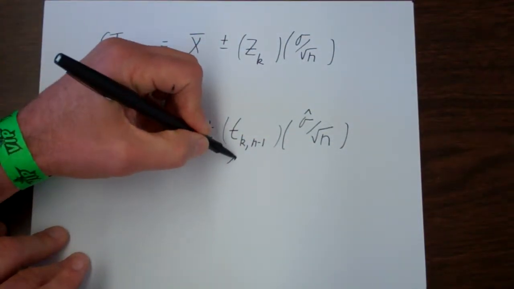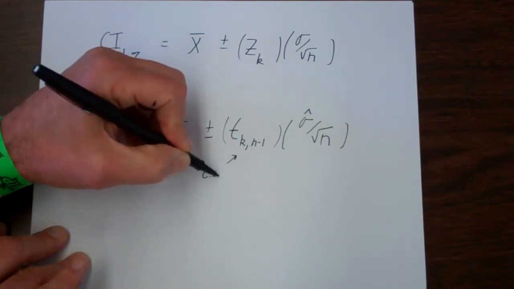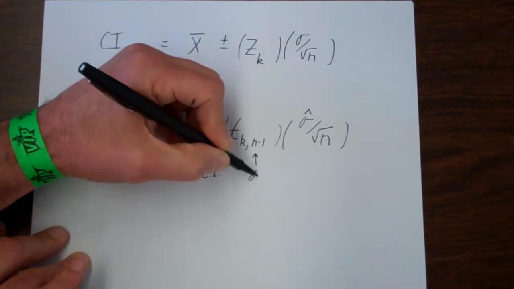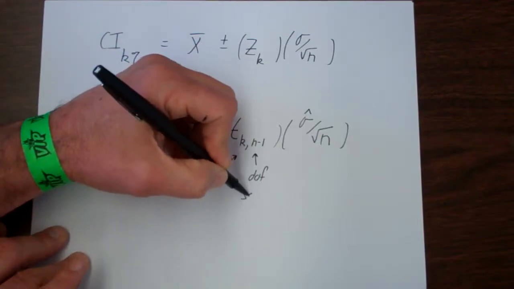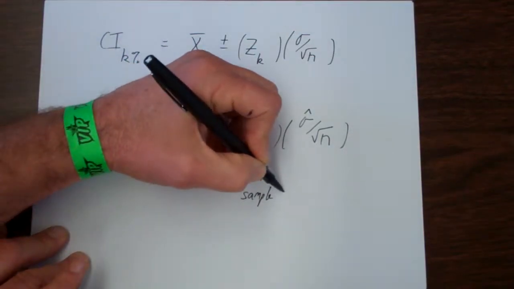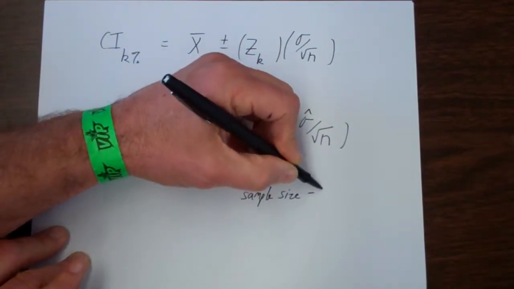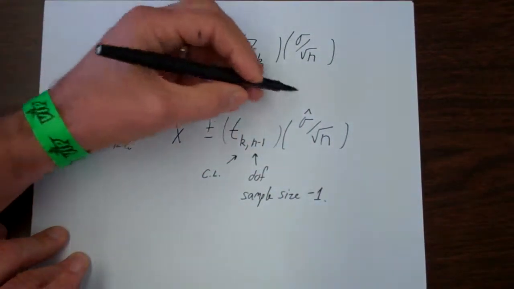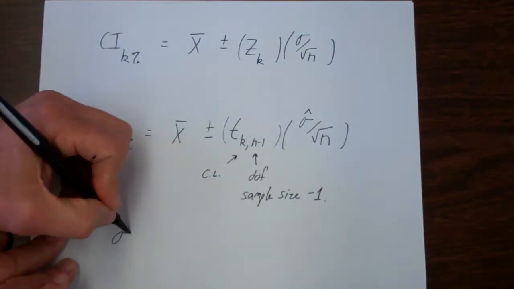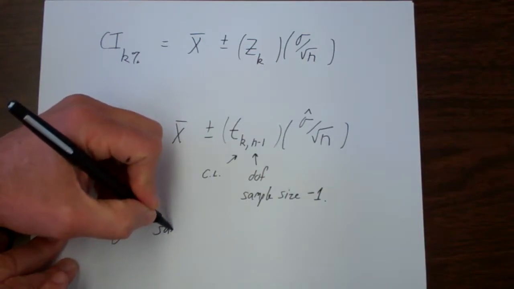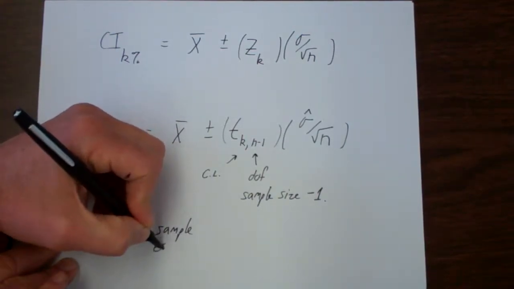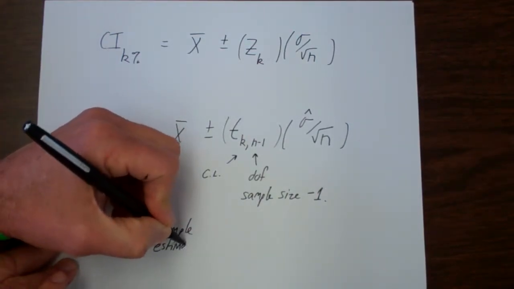This is the confidence level, and this is called the degrees of freedom, and that's the sample size minus 1. And this sigma hat is our sample estimate of the population standard deviation.